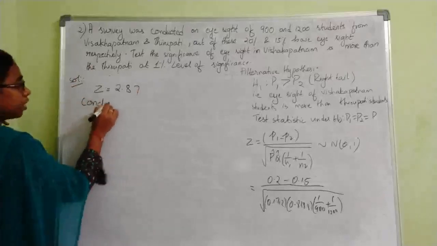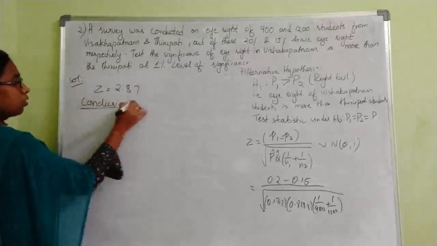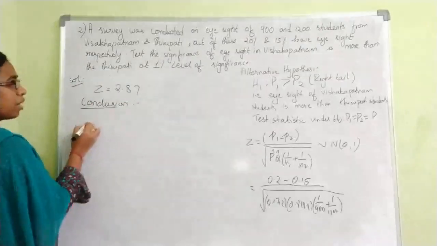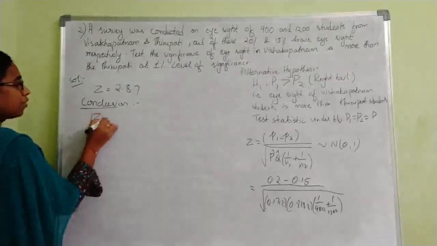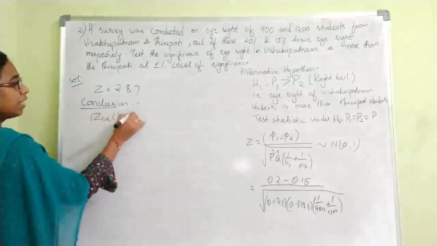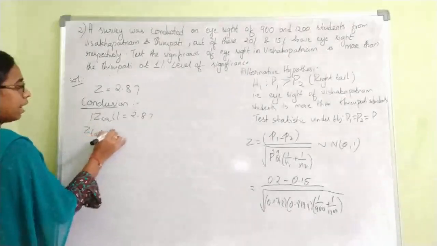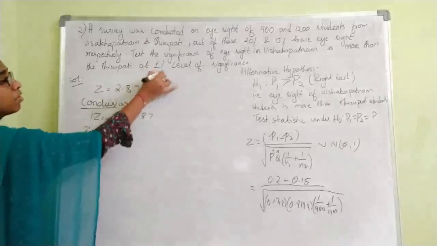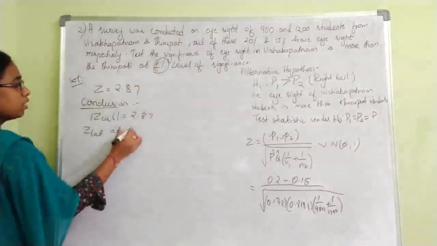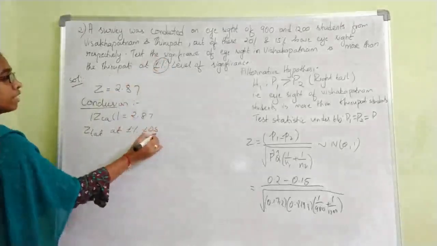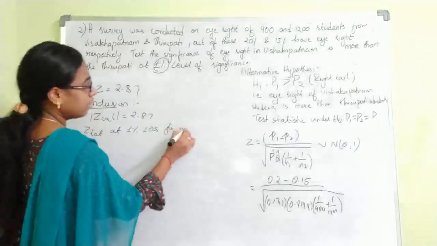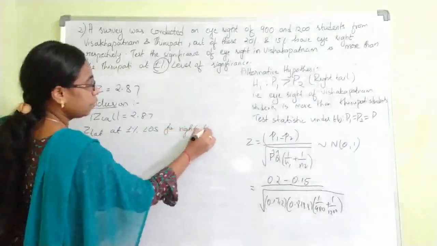Now coming to the conclusion. We have to compare the mod Z calculated value. Mod Z calculated equals 2.87. Z tab at alpha percent, that is level of significance, is 1%. So at 1% level of significance for right tail, check the table value.